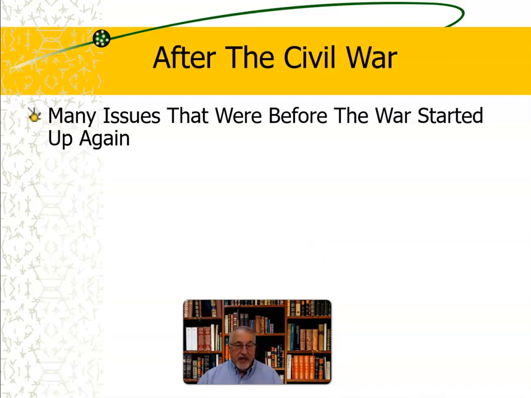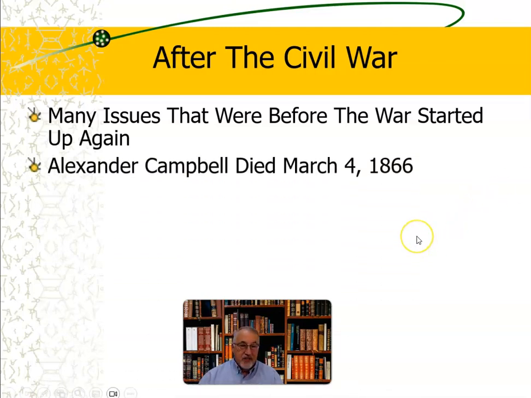Barton W. Stone had died earlier, but Alexander Campbell is going to die in 1866. We see that this happened with Walter Scott as well. And so we're really getting into what we might call the second generation fully of the Restoration movement.